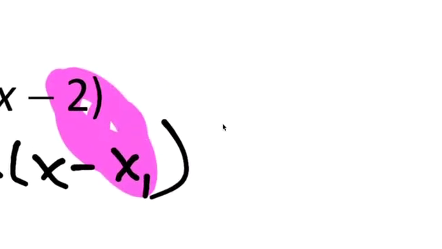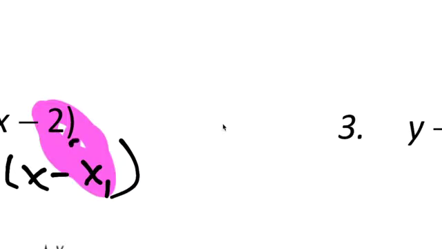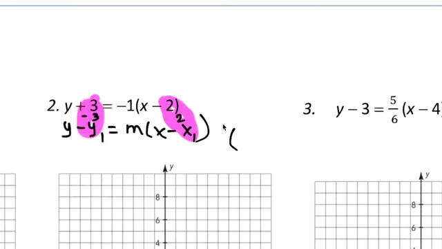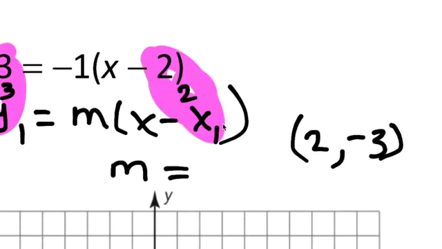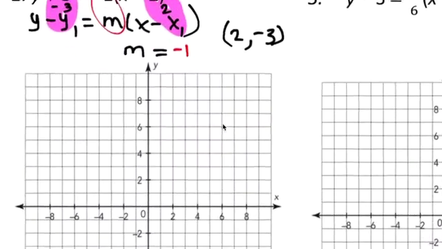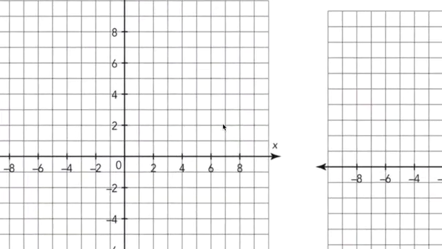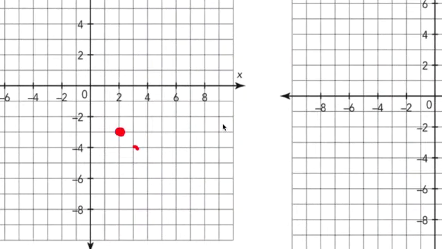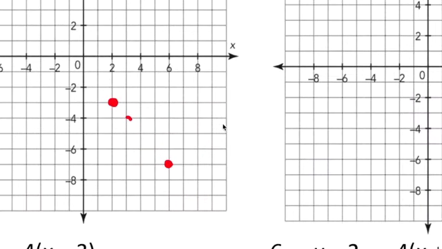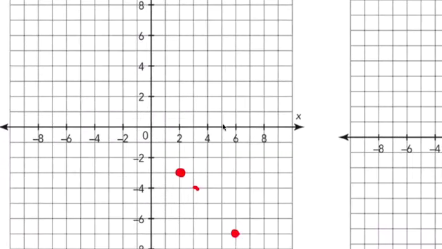Okay, this is already a negative, so positive 2. So your first point is 2, negative 3. Your slope is negative 1. So starting at 2, negative 3, which is here, you go down 1 over 1. I'm going to do down 3 over 3, which is also 1. Make it faster. Up 3 over to the negative side, 3, to make it negative.